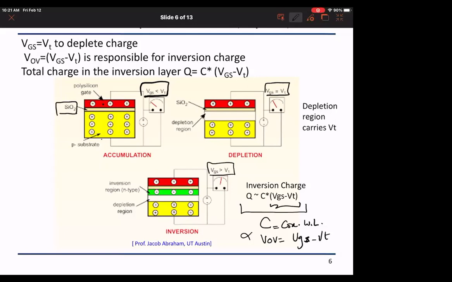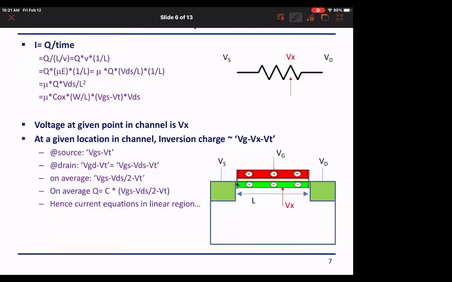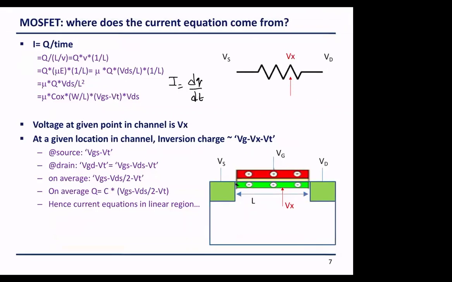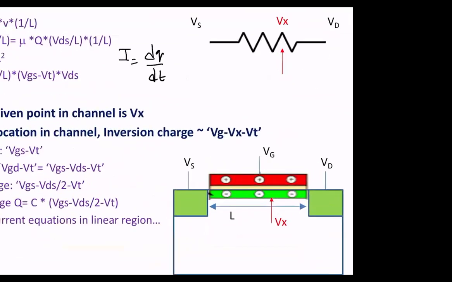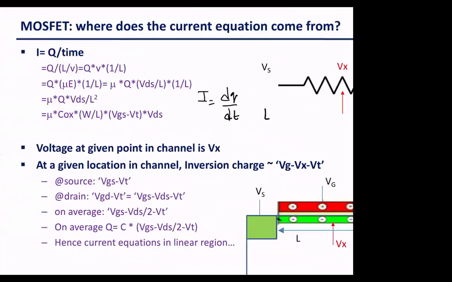Okay, next time we will talk about how we derive the current. So we say that the current I is dq by dt. Really, if I want to look at the time, it is the distance over the velocity.